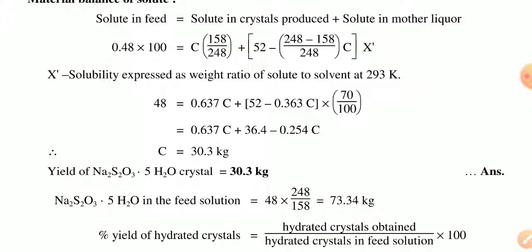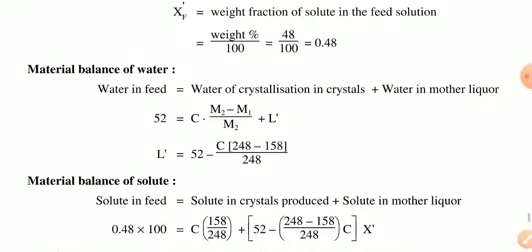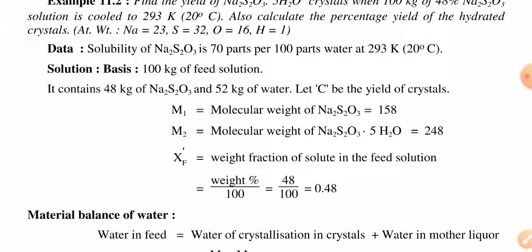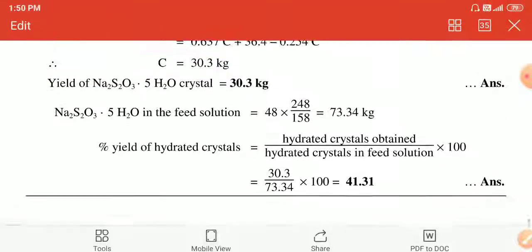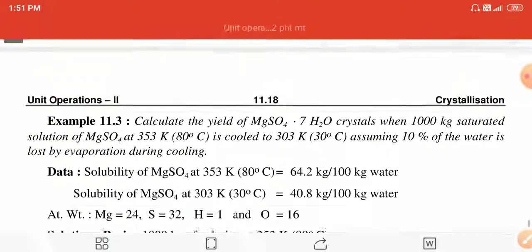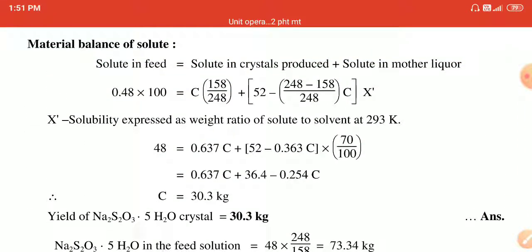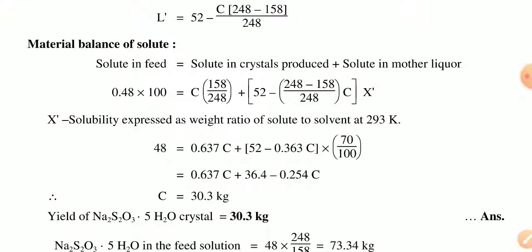The solute in the feed is equal to the solute in the crystals produced plus the solute in the mother liquor. So 0.48 multiplied by 100 is equal to C, with the molecular weights we found: Na2S2O3 is 158 and Na2S2O3·5H2O is 248. Put in all these values, multiplied by X dash, the solubility expressed as the weight ratio of solute to solvent at 293 Kelvin.